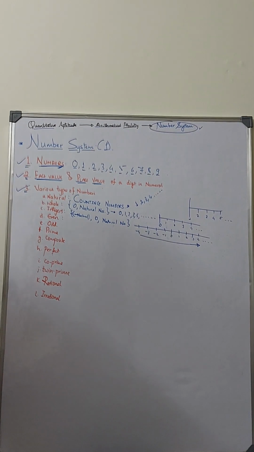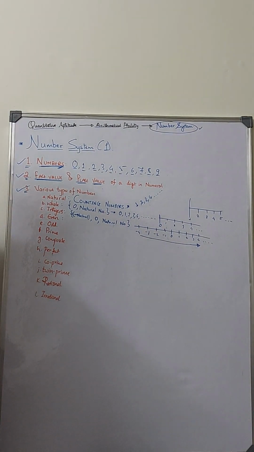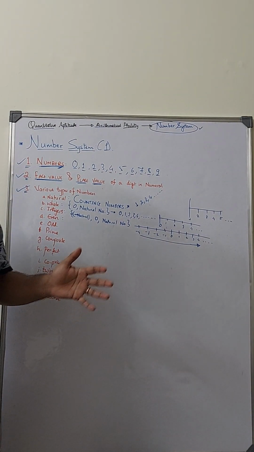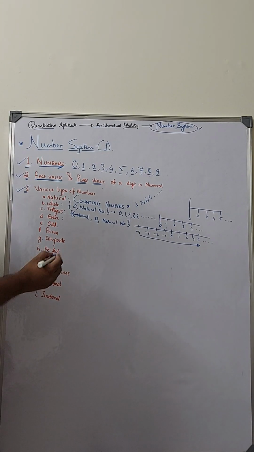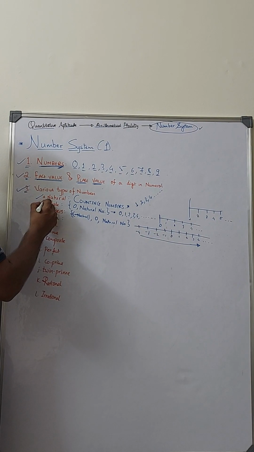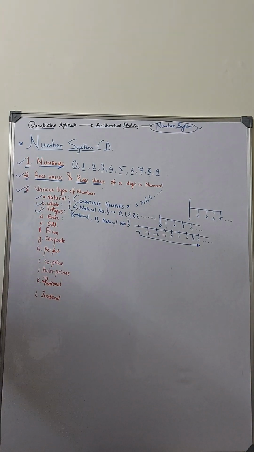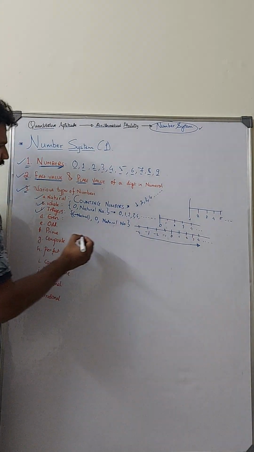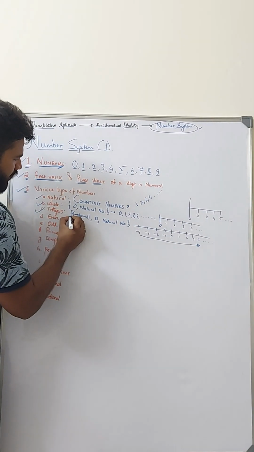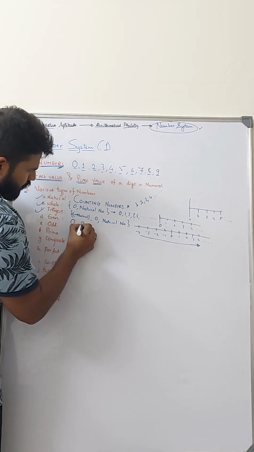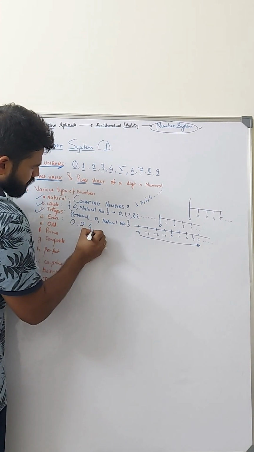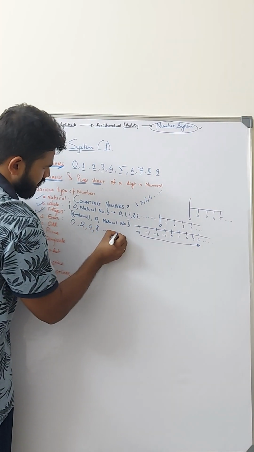So even and odd. Many questions are made on these two types of numbers. First of all, let's revise: we covered natural, whole, integers. With respect to even numbers, they are 0, 2, 4, 6, 8, and so on.